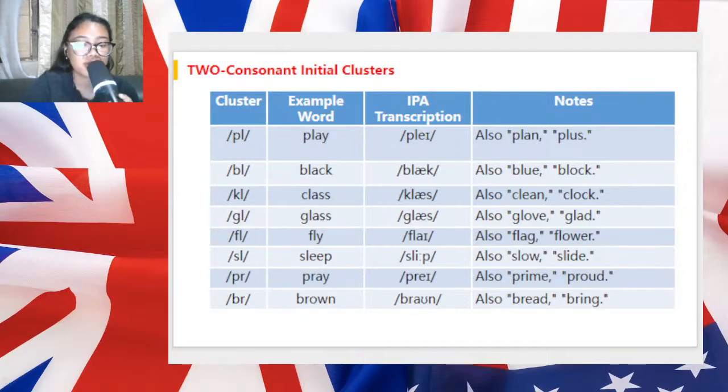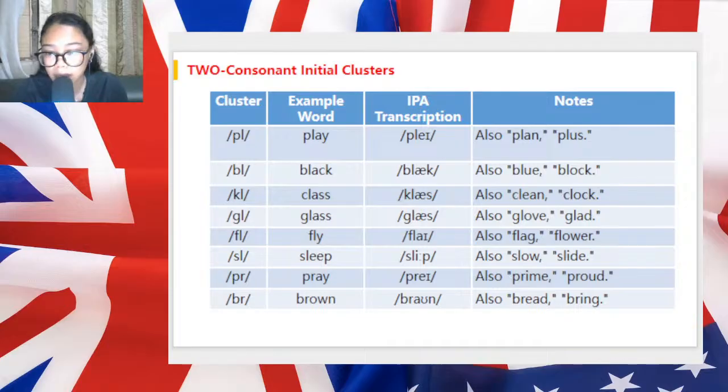This is also a key feature in words like prime and proud. Try pray, prime, and proud, really working on making the pr blend as seamless as possible.